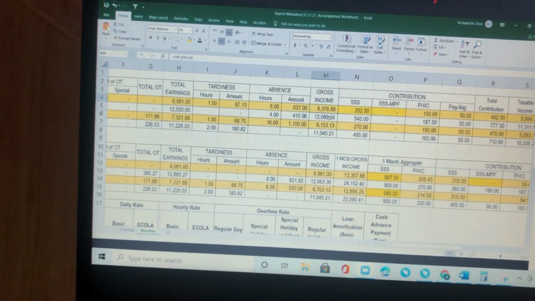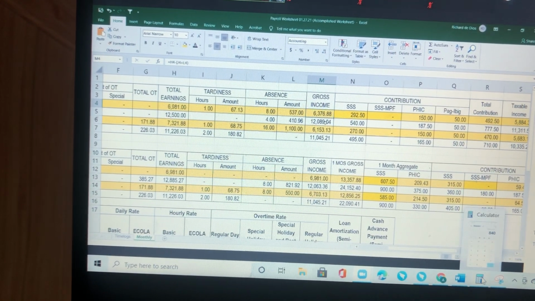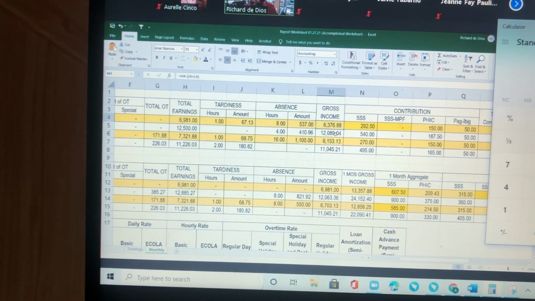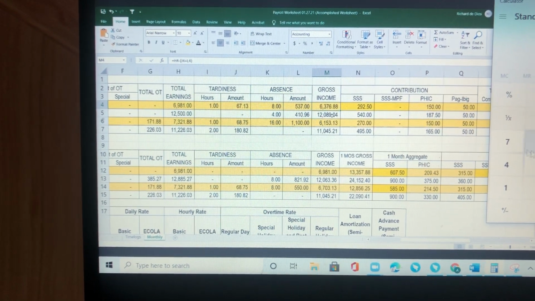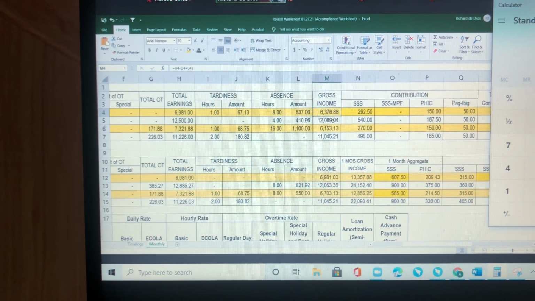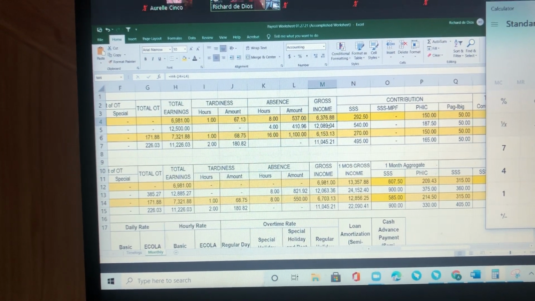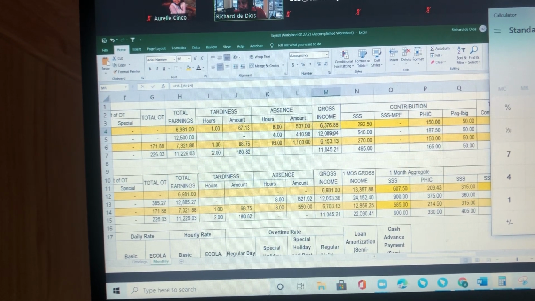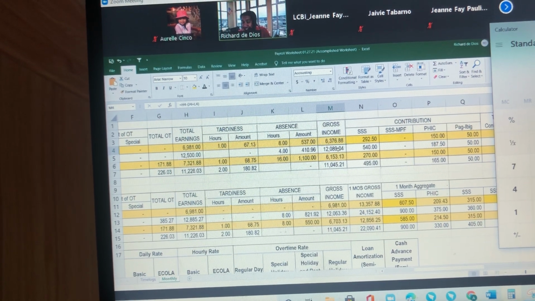Use your calculator. Kasi technically, 290,250 is simply 4.5% of 6,500.